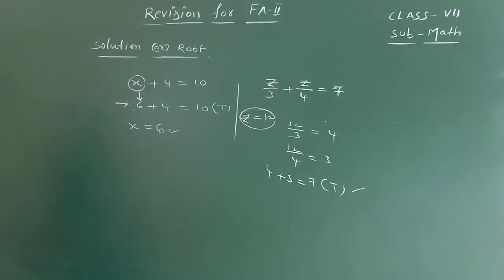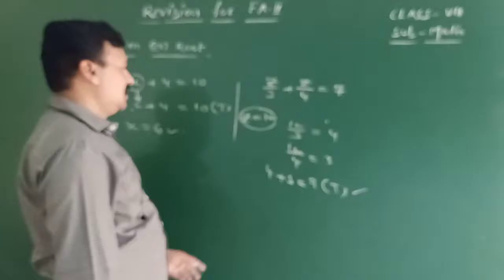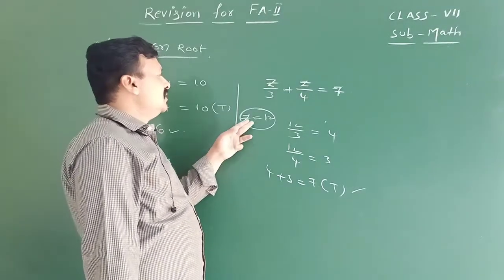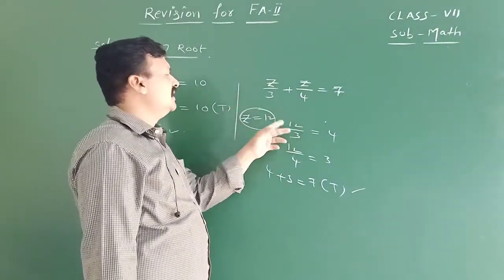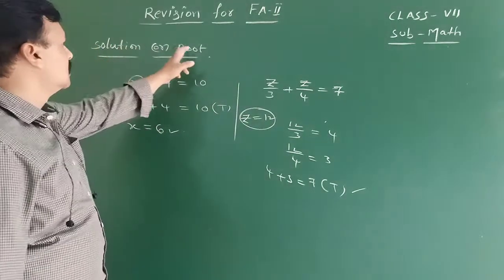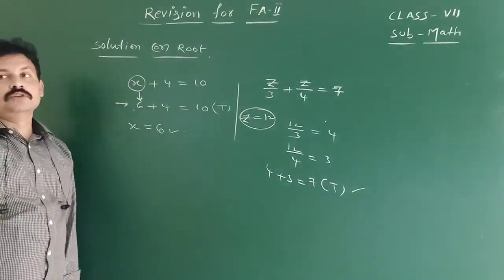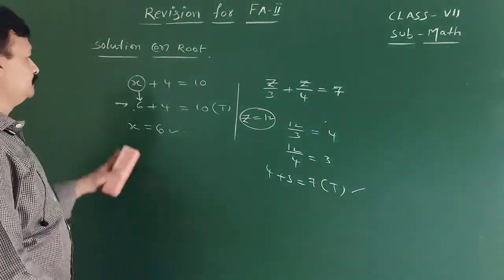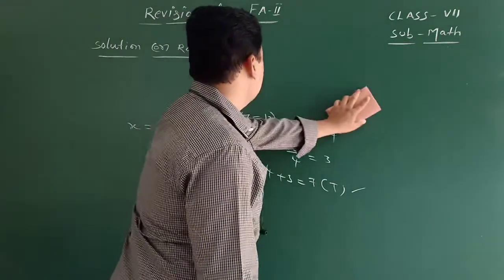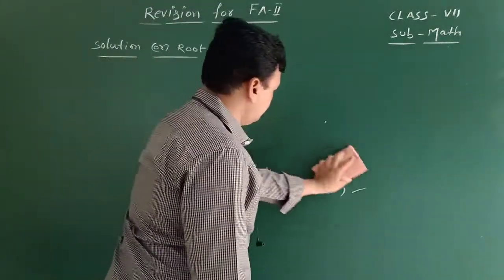That's why z = 12 is the solution for the given simple linear equation. For what values of the variable the given simple linear equation becomes true, that is called its solution or root. Now for the linear inequation.